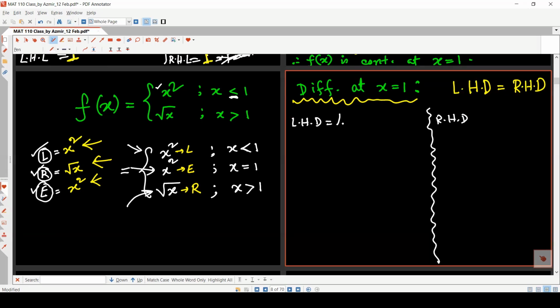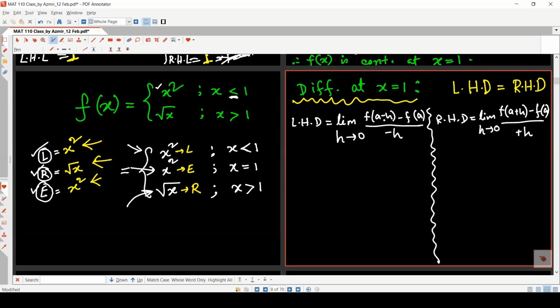So for left-hand derivative, I have mentioned a formula: limit a tends to 0, function of a minus a, minus function of a, divided by minus a. Similarly, for right-hand derivative, we have limit a tends to 0, function of a plus a, minus function of a, divided by plus a.